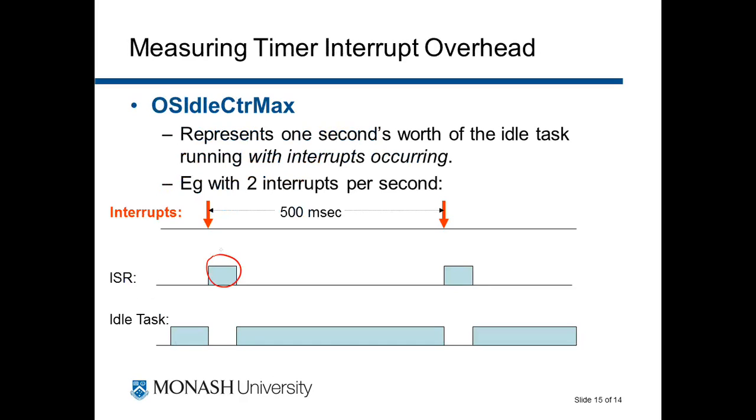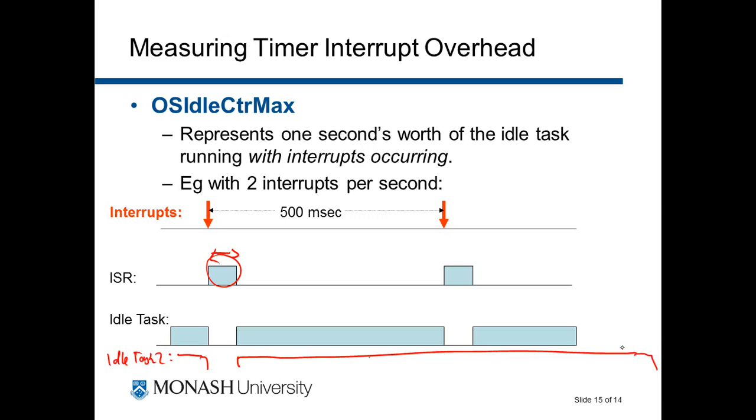So how do I estimate the size of this interrupt service routine? The easiest way is if I run a second idle task. So I run an idle task 2, okay, actually not a second, a different instance, and you run it with, say, 1 interrupt per second. Then with 1 interrupt per second, you'd get the same interrupt at the start, but you would miss the second interrupt.